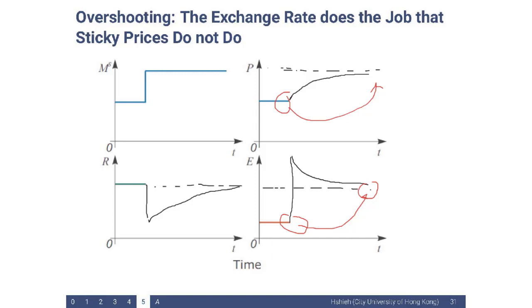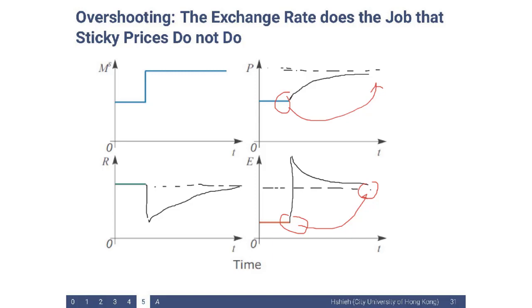Make sense? Hopefully it corresponds more or less to what you just saw on the other slide. On the other slide, I did a cross section and I had to draw arrows to see where things are moving. But here you see a timeline of all these macro variables and financial variables, and you can see what's going on. You see a large lump sum increase in money supply, which will cause interest rates to move immediately.